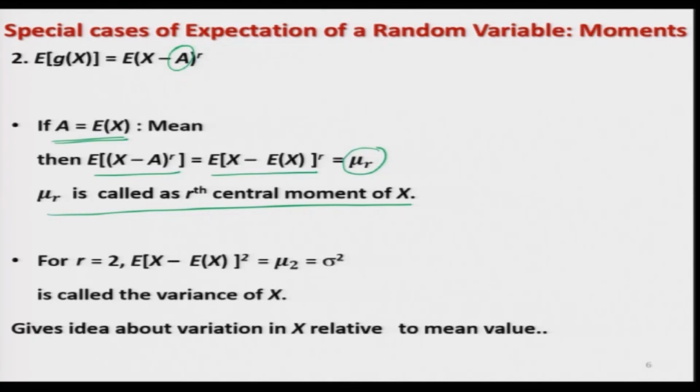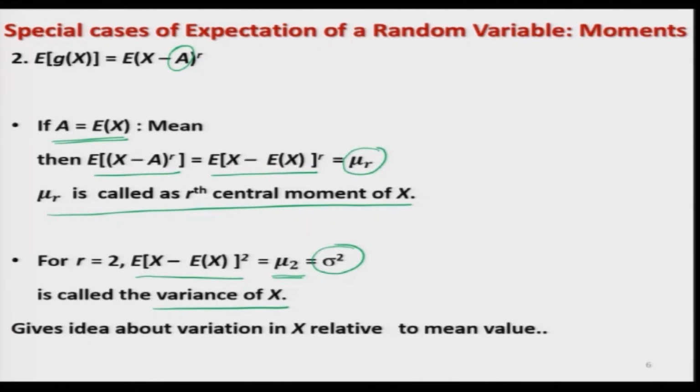For example, if I choose r equal to 2, then I get the expected value of (x minus expected value of x) whole square, which is the second central moment of x, measured around the mean. This is indicated by sigma square. That is the standard symbol in statistics, and this quantity is called the variance of x.